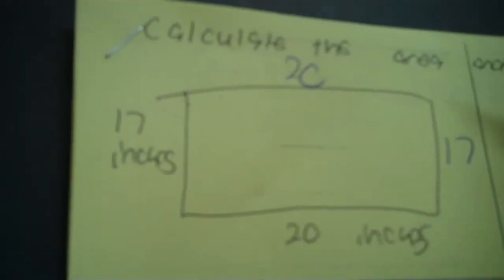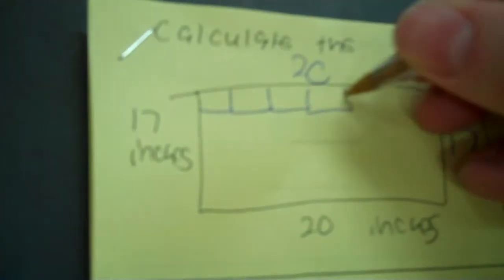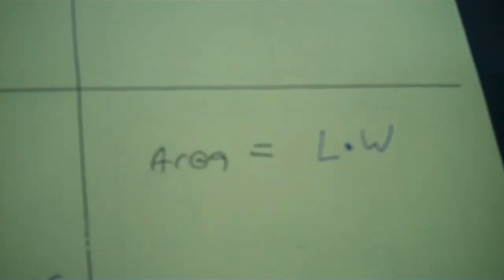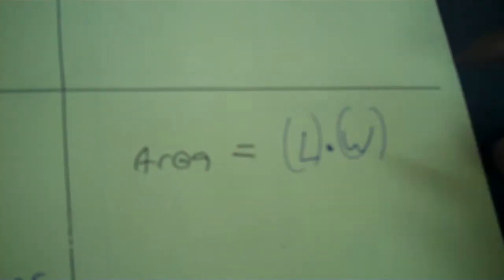Find the area as the space inside. Don't draw these squares, but just watch. Area measures how many squares are inside of something. Okay, that's really what it does, how many square units. That means I could fit 20 squares going this way, 17 going this way. Now I'm not going to do that, okay? Area is taking the length times the width. Now I like to put parentheses for the length and width, as you'll see as I move on.